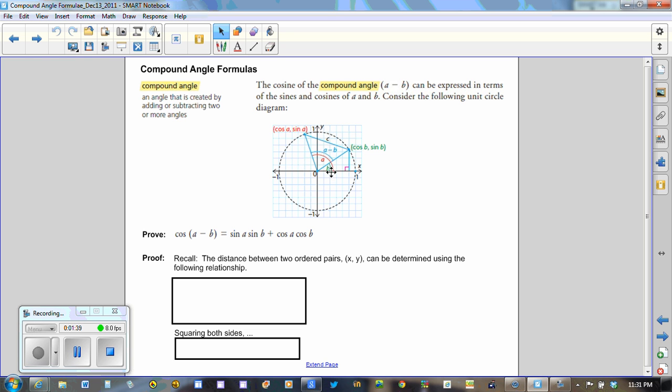Notice here that the angle in green, that is acute angle B, is inside of this right angled triangle.